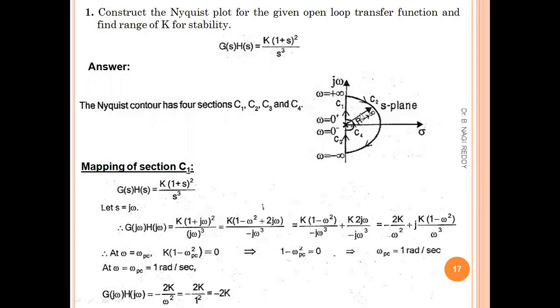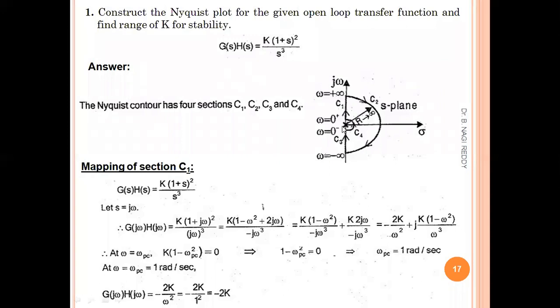This C2 contour is used to cover all the right half of the S-plane so that any root lying on the right half of the S-plane will be covered by this Nyquist contour. That is the reason why we consider this C2 curve. And the C3 curve is from minus infinity to 0.